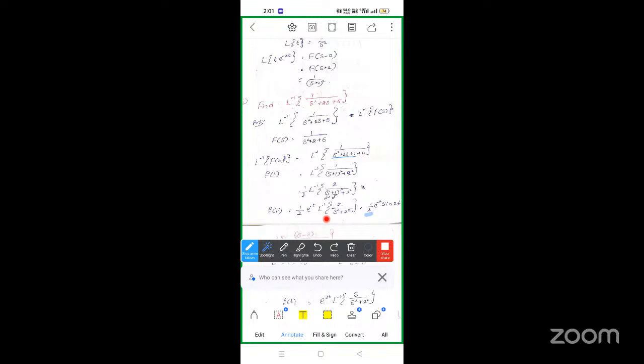So this is the final answer: 1 by 2 e power minus t into sine 2t.